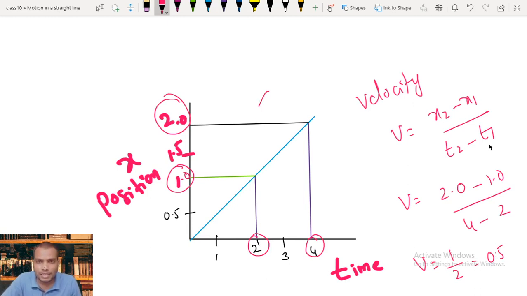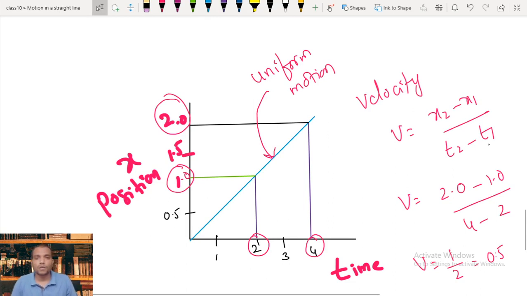So this line in the position versus time graph represents uniform motion. So I would like to say finally, if you know the uniform motion graph, to find its velocity, we need to calculate the slope of the curve.